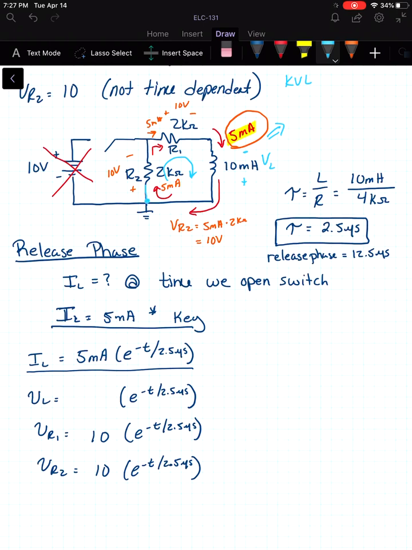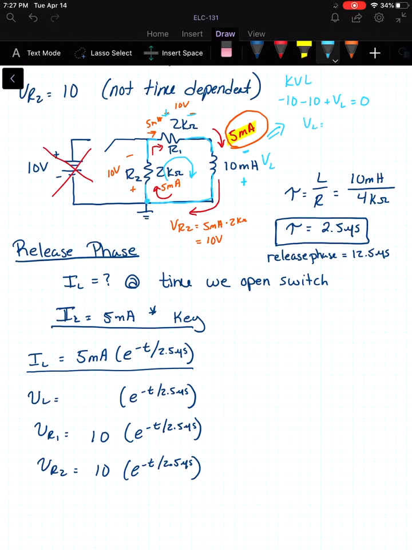So if I start here and I travel around my circuit, I have a voltage drop of 10. So I'm going to say minus 10 right here. And then I continue on to R1, I have another drop of 10, plus to minus 10. And as I continue traveling around the loop, I go from minus to plus, which is an increase of V sub L, and then back to where I started. So that has to equal 0.